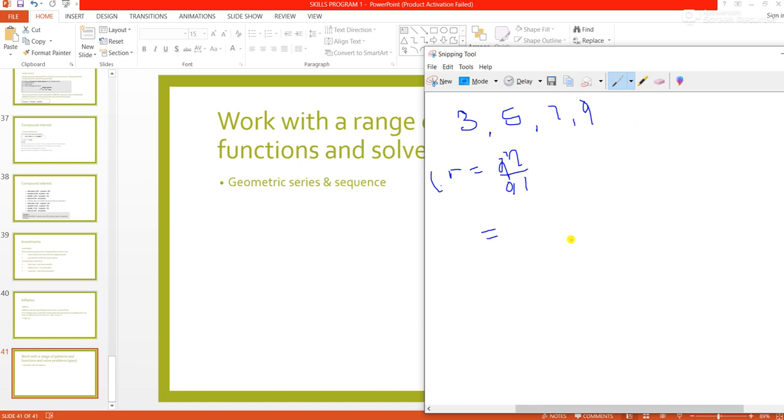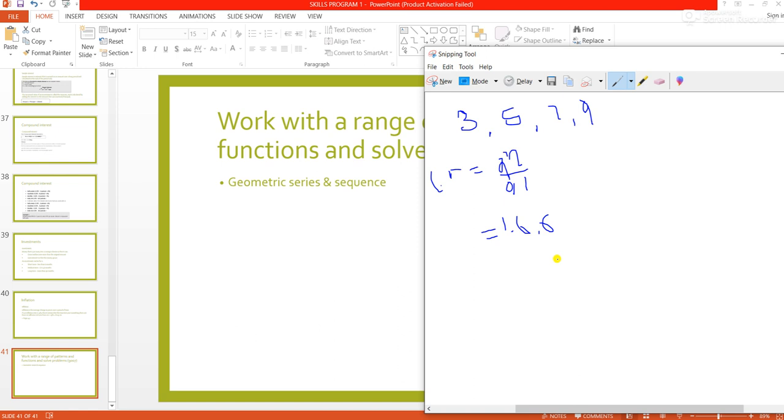Let's say, for instance, in this series, based on the common ratio, when we divide 5 by 3, the common ratio is 1.66. Let's confirm that this is true.